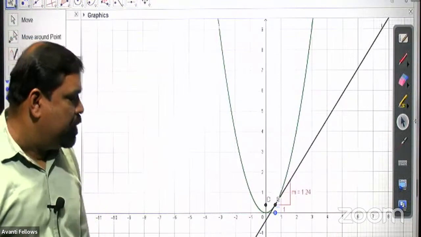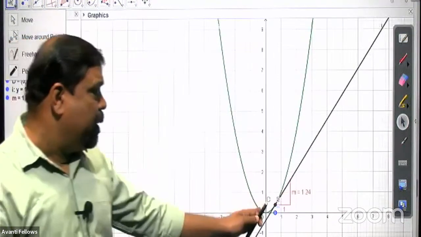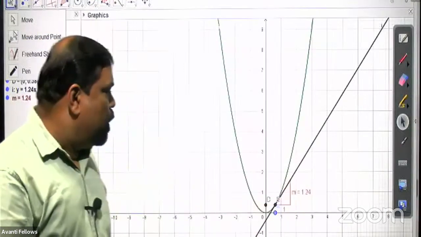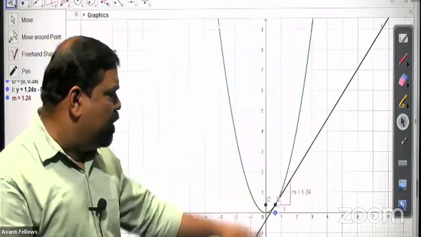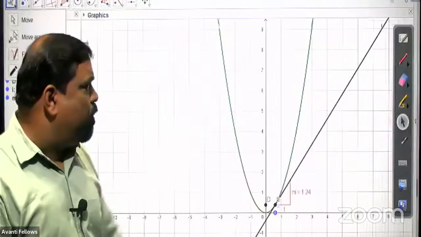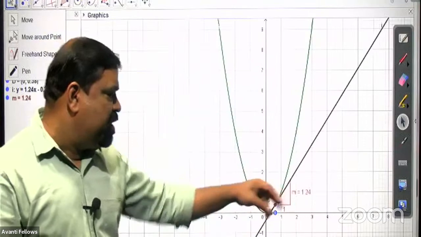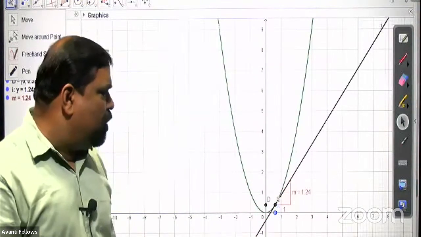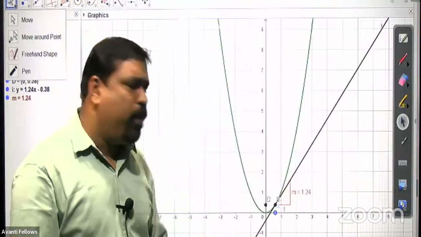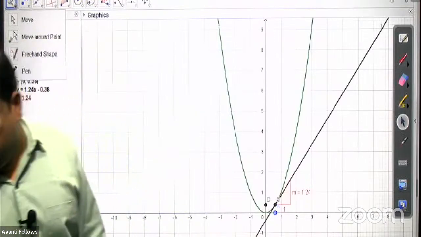So what I have done is, on the right side of 0, you can see A is a point on this function, and at that point I have drawn a tangent. You can see the slope of the tangent exactly. The value of the slope of the tangent at that point is 1.24, isn't it?